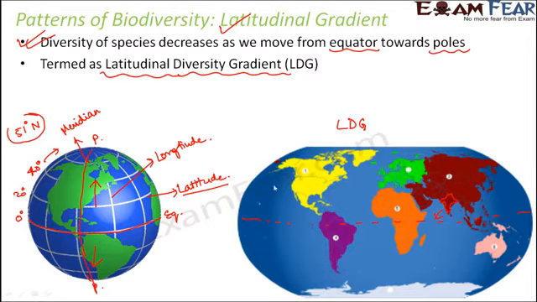As you can see, near these places, these are the areas where the diversity is more, and these are the areas where the diversity is less. Therefore, near the poles, the variety of plants and animals is quite less as compared to the regions which are near the equator. So that is why we talk about latitudinal diversity gradient. I hope this concept of latitudinal gradient is clear here.